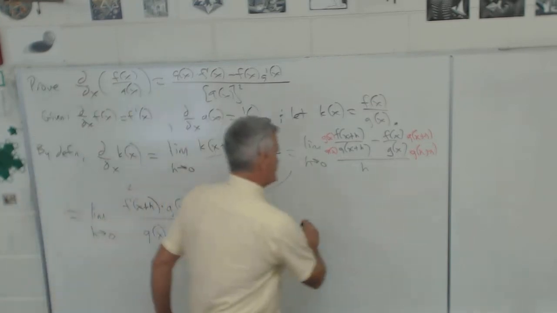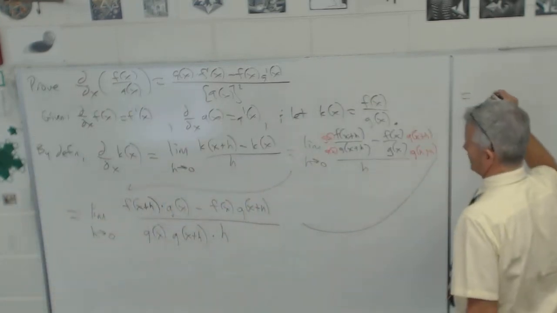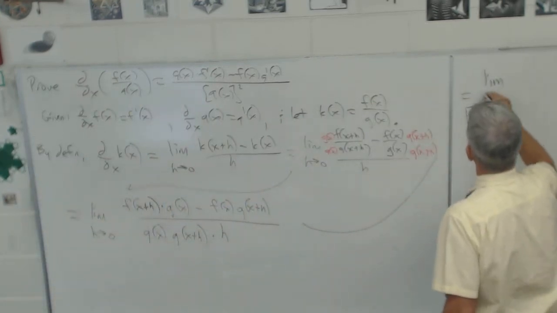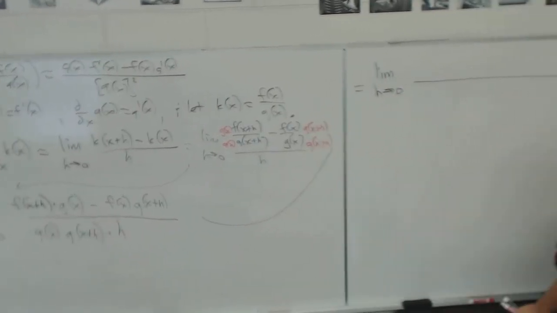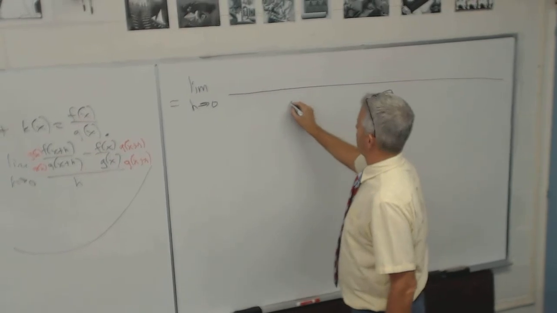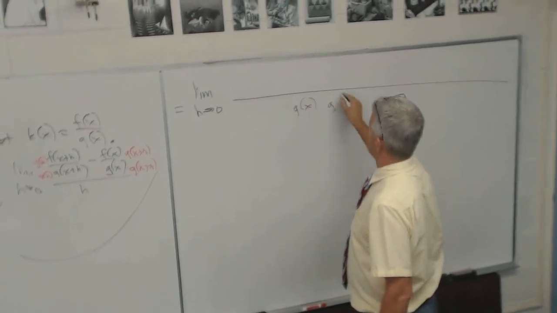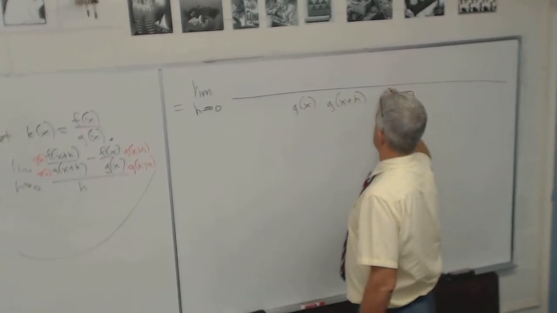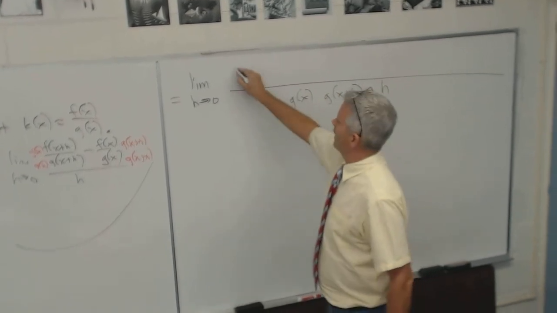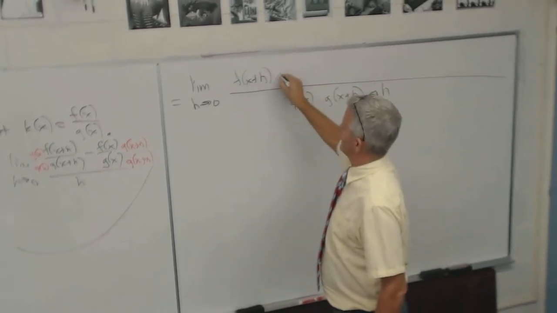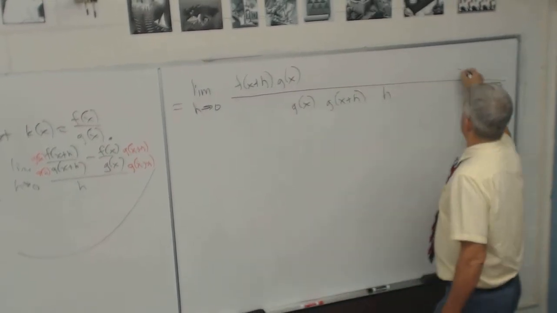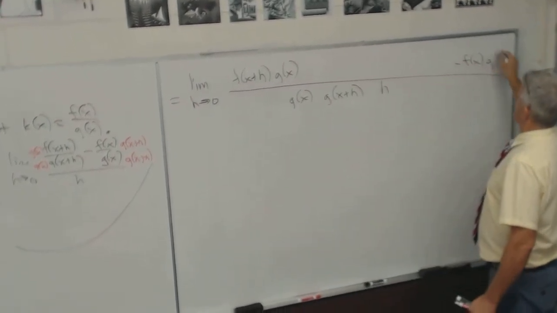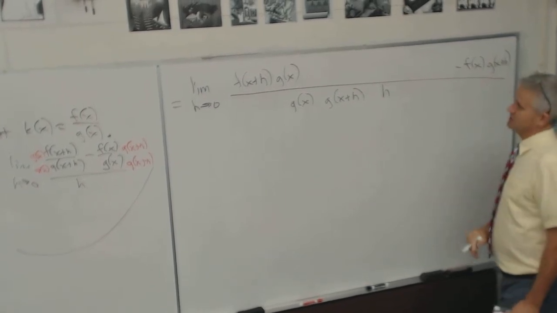Okay, so this equals, I'm going to write it again one more time. The limit as h goes to 0 of, stretching it out a little bit, I have my reasons, g of x plus h, on top I have f of x plus h, g of x, minus f of x, g of x plus h.